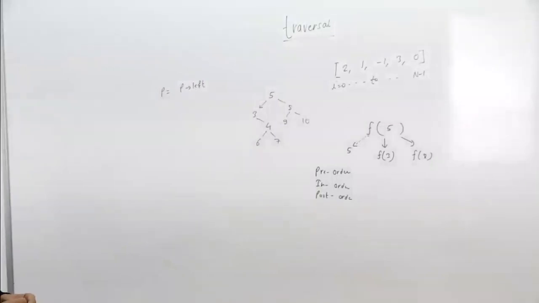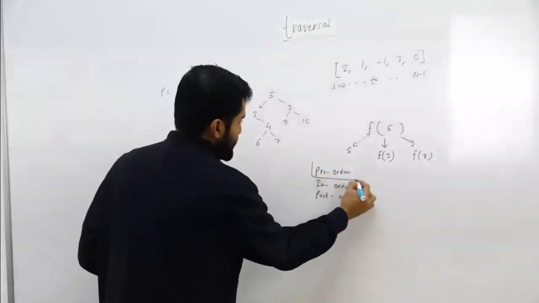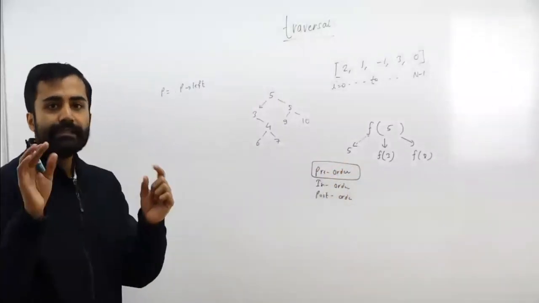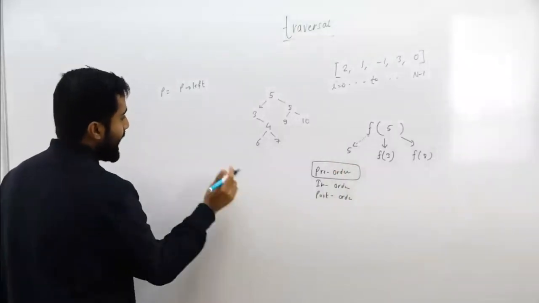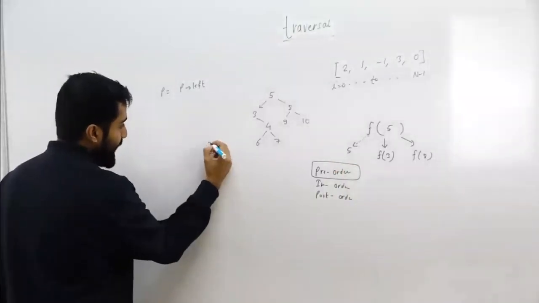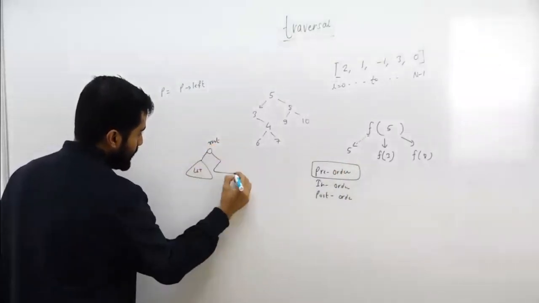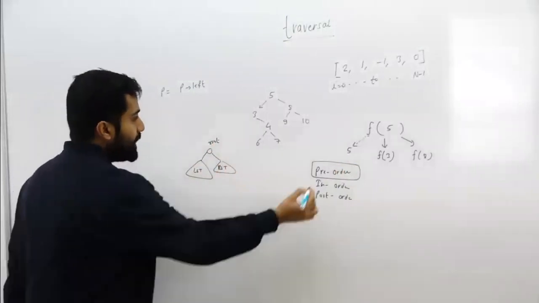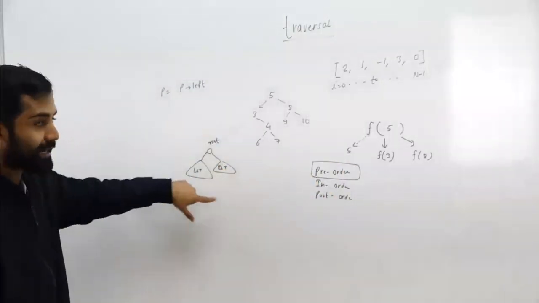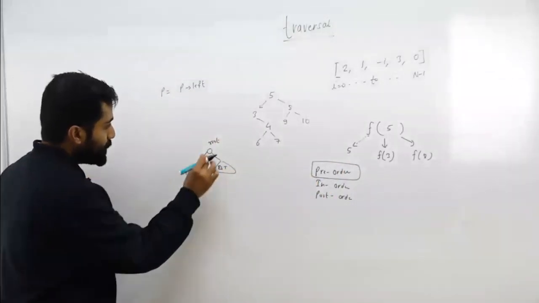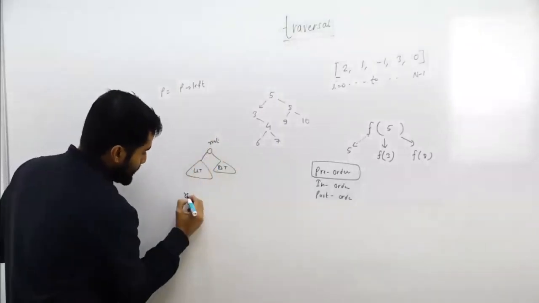Okay. So what is pre-order traversal? Let us understand that. Pre-order traversal says a very simple thing. It says that, let's say we have a binary tree. So a binary tree will have a root and a left subtree and a right subtree. The pre-order traversal says if you have to traverse such a kind of tree, the first thing you should do is print the value present in this root.